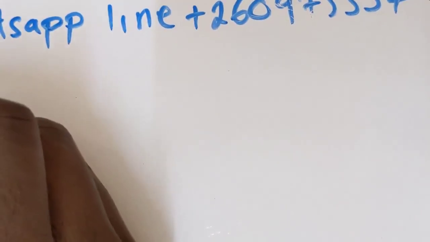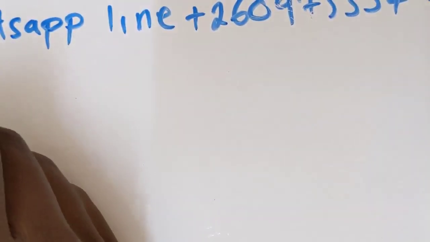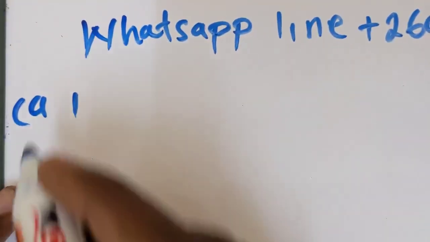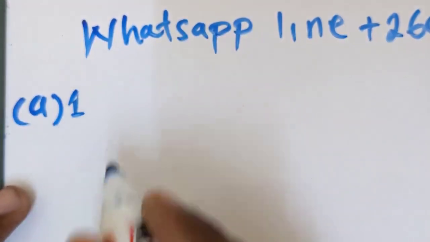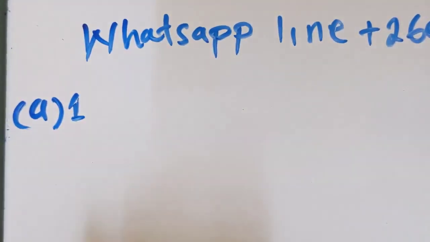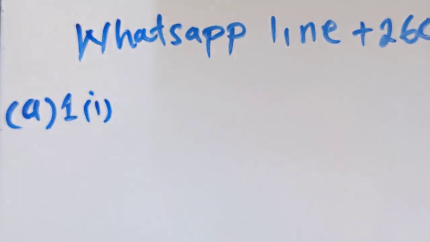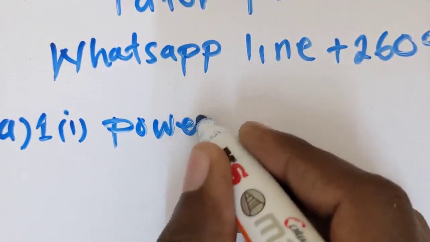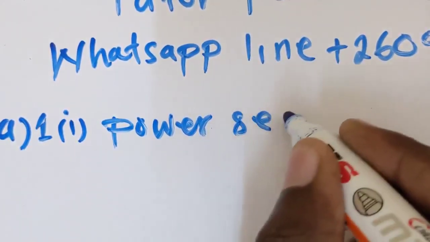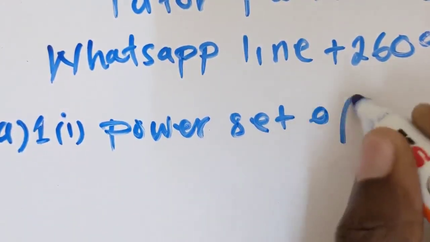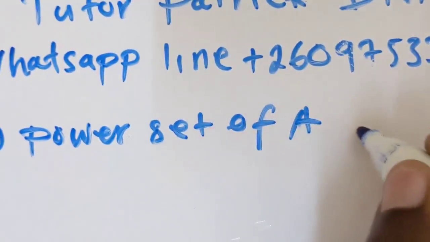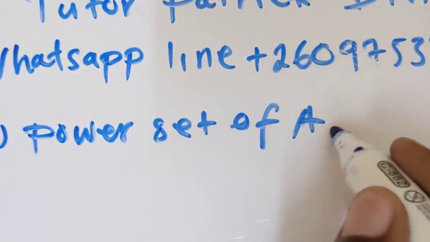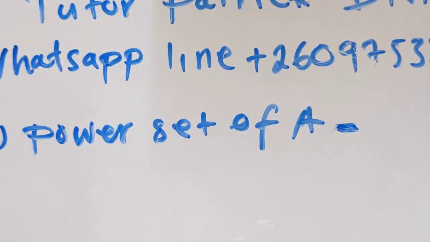Question 1, we're told to define what a power set of A is. Here you are just supposed to define a power set.